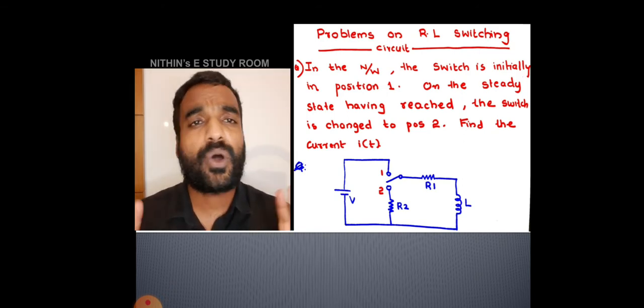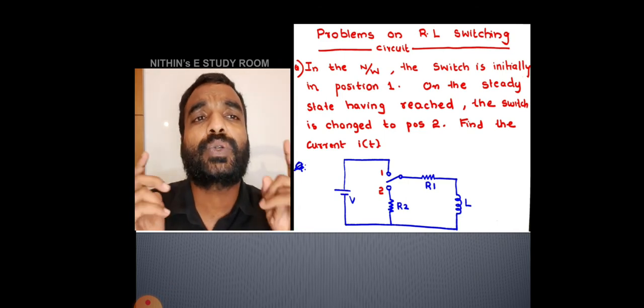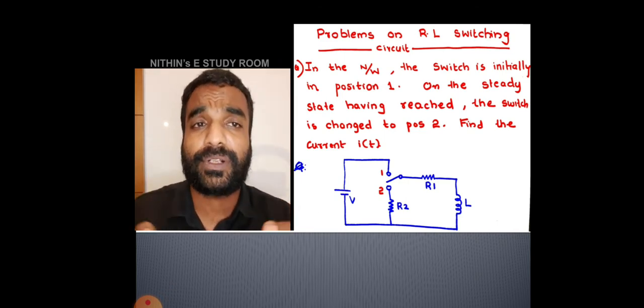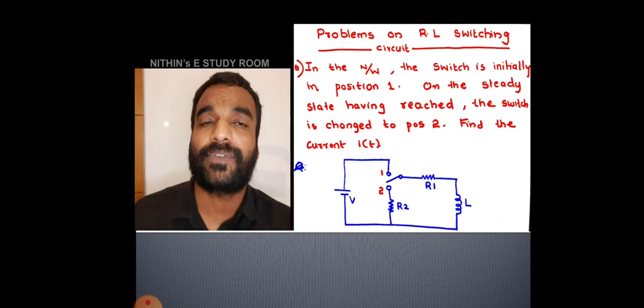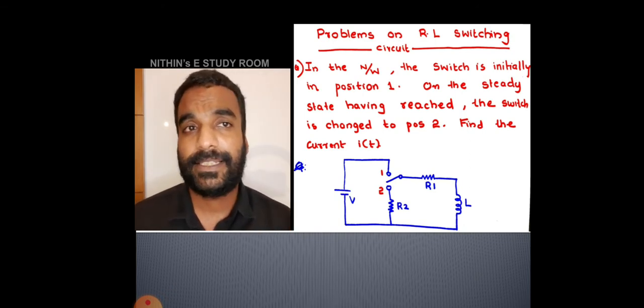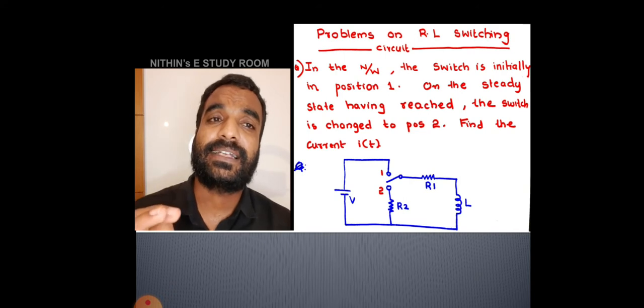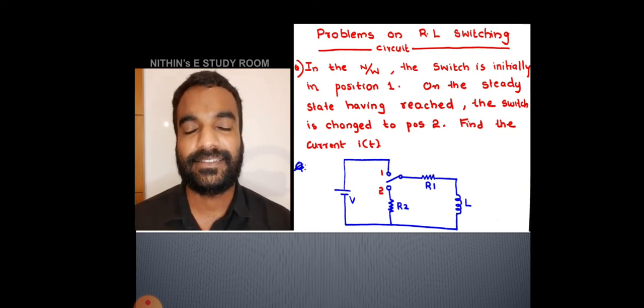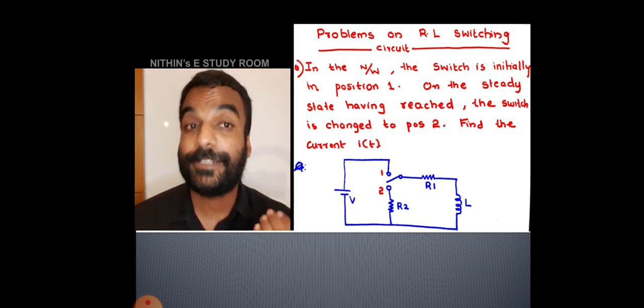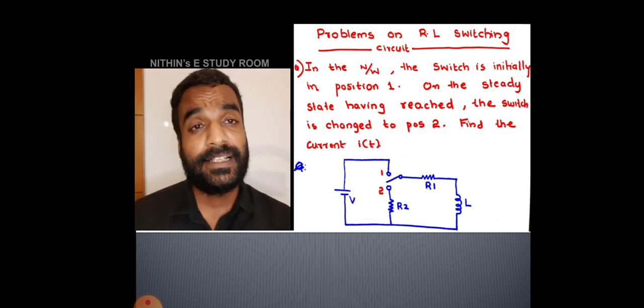You are not permitted to move the switch without reaching steady state in position 1. Steady state is attained in position 1. Then only you are permitted to move to position 2.